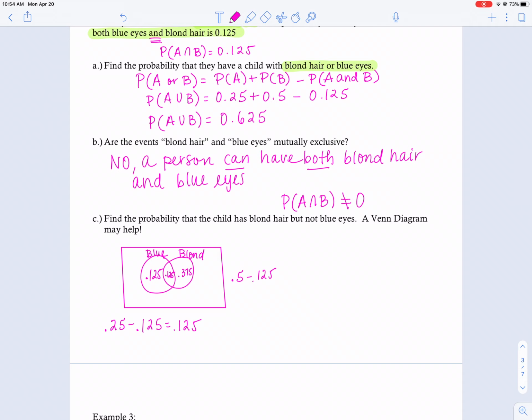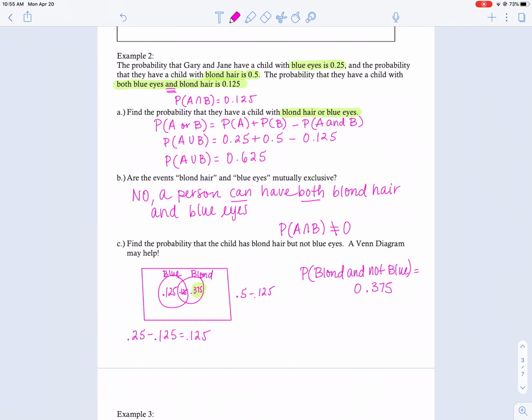So we want blonde hair, the probability of blonde and not blue eyes. Well, who would that be? Blonde hair, not blue, is this. 0.375. Everybody agree? Blue. Oh, did I just mess that up?